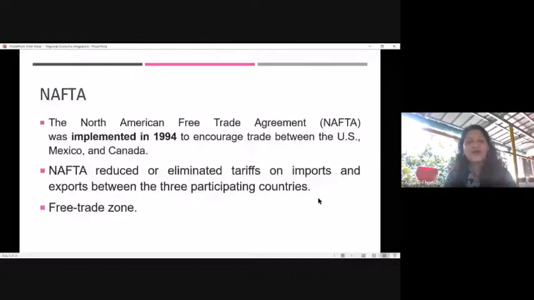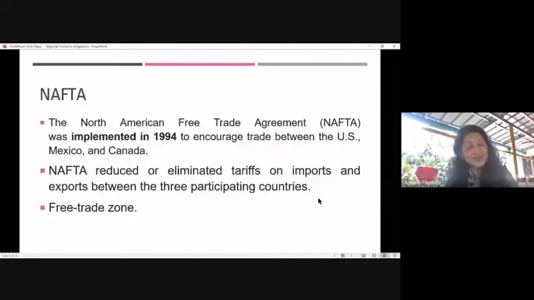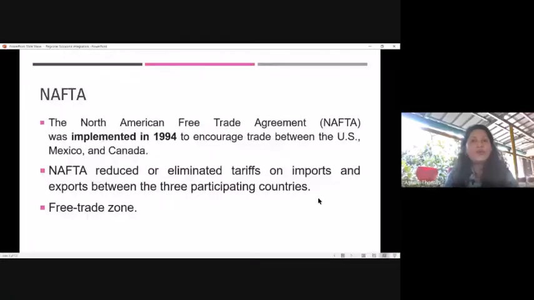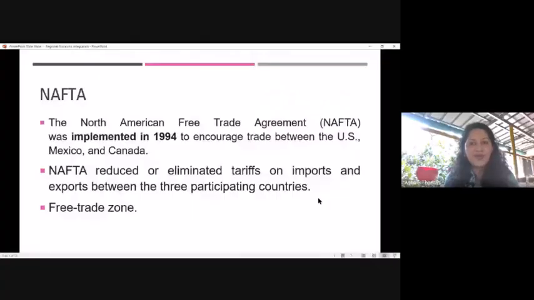Right? NAFTA is the North American Free Trade Agreement, and it has almost eliminated the tariffs applicable in the case of imports and exports. It's really interesting to note the regional integration between these three economies and how they contribute to the prosperity of each other in different aspects, especially in the manufacturing sector. It's interesting to read, if you get a chance, how that is being done, how they prosper, and how the collaboration is happening in the manufacturing sector.